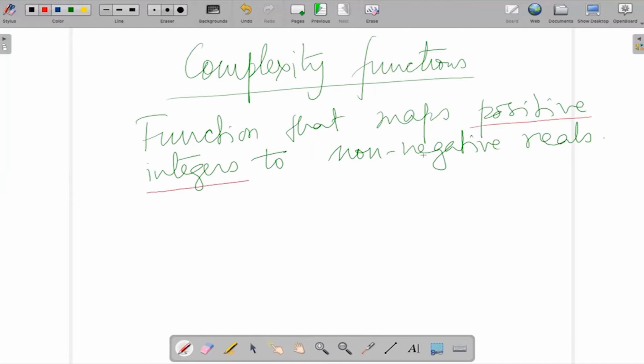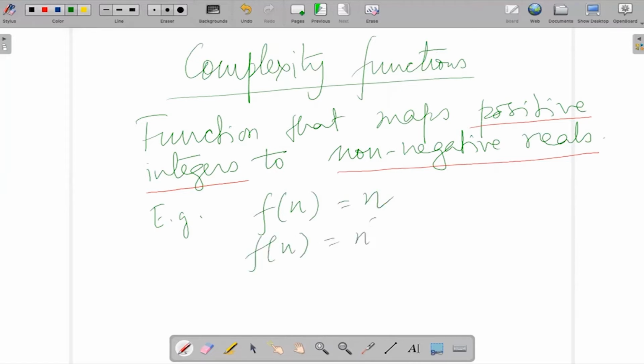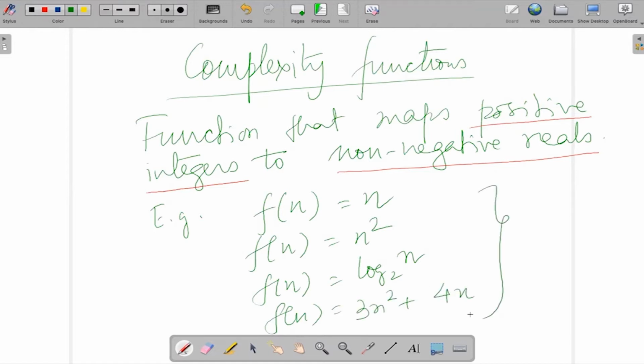It maps positive integers to non-negative reals. Examples: so all these are examples of complexity functions. So basically, it will map a positive integer into a non-negative real, okay, in each case.